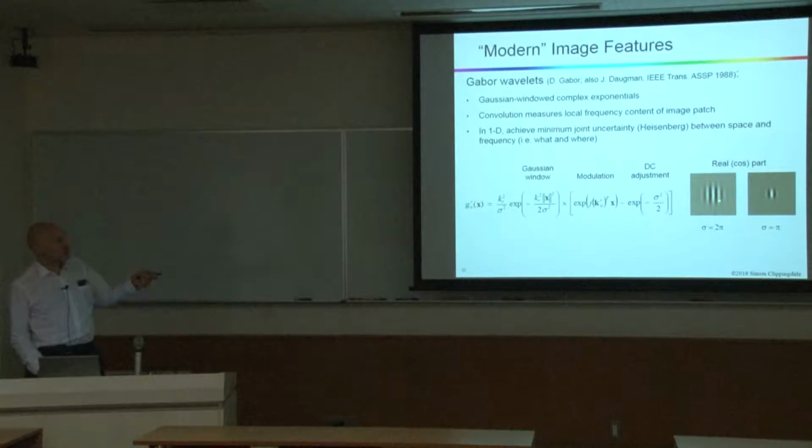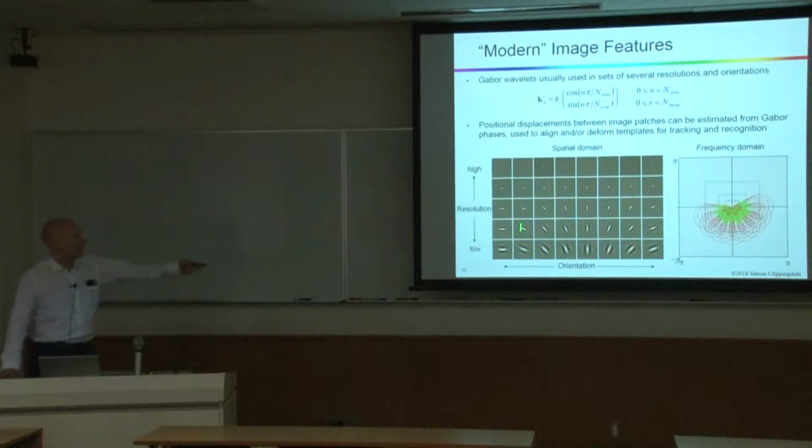If you convolve these with an image like we did back in the second or third slide, at each pixel the output tells you how much of that frequency is present in the image at that location. Here's a bank of them at all different orientations and sizes. If you transform it into the frequency domain with a Fourier transform, which don't worry about if you haven't done it, that gives you a coverage of the frequency domain that looks like this.